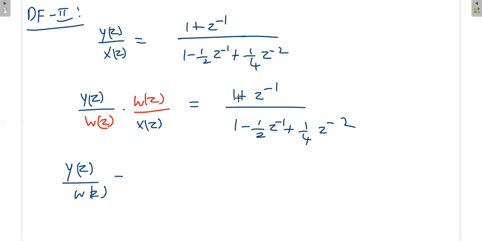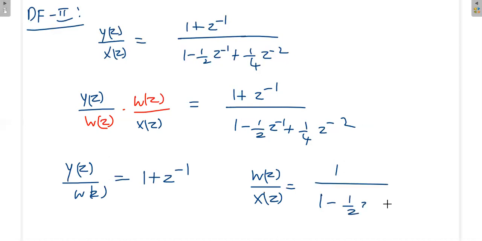Just take the numerator 1 plus z inverse. For the second one, w of z divided by x of z, take the denominator, that is 1 minus 1 by 2 z inverse plus 1 by 4 z power minus 2. Okay, so again from this we can write y of z is equal to w of z plus z inverse w z.